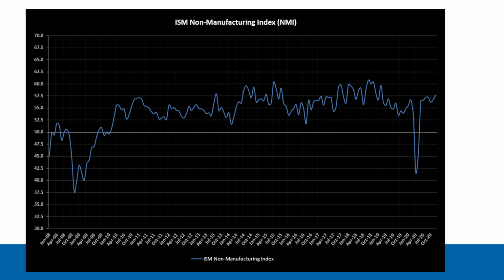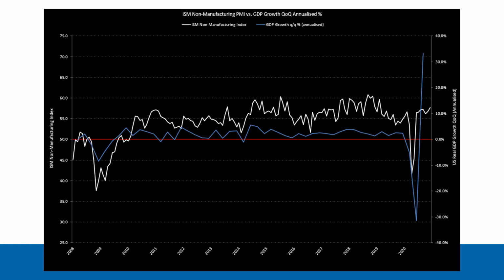times when we've had the NMI below 50 and we've had recessions in the US, between 40 and 45 is usually the trough level. And if we just look at levels of GDP, growth tends to correspond in the same direction and peak in terms of percentage growth around the same times as the non-manufacturing index in the US peaks.